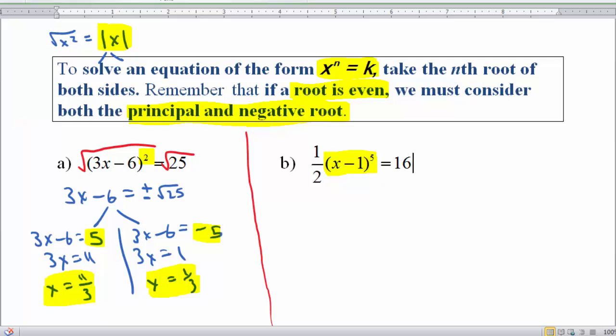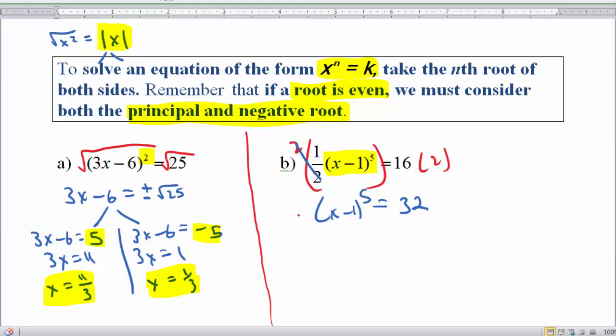Alright, so here, to get rid of this half, I would just multiply on both sides by 2. So that cancels, and I have x minus 1 to the fifth equals 16 times 2, which is just 32. And now again, I have my x to the n. This is something to the fifth power equals 32.